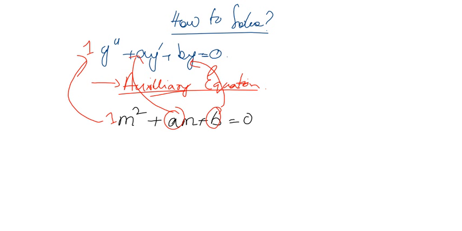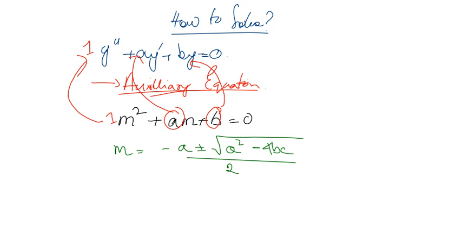In essence, now you have to find the two values of m. So m is equal to minus a plus minus root of a squared minus 4b, whole divided by 2.